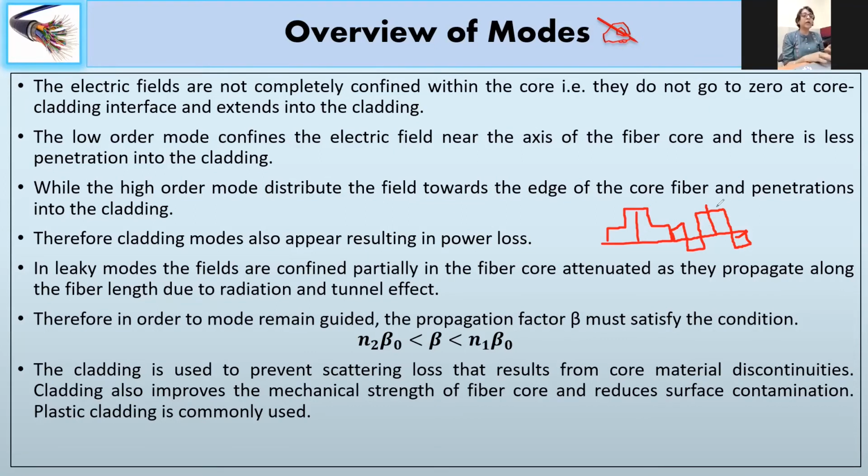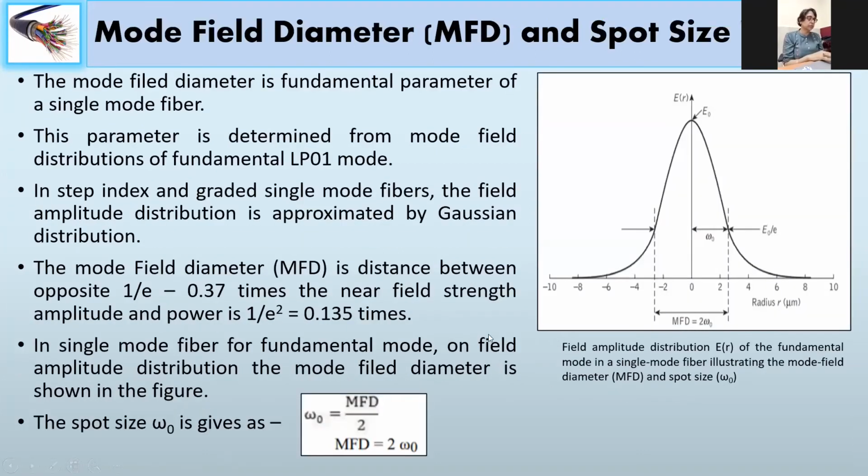So that can be avoided by not just keeping a uniform refractive index profile of the cladding, but this kind of refractive index profile helps us, because of the bending phenomena, to focus the energy inside the core. So this diagram is just to show you the field and its distribution with respect to the dimensions of the fiber.